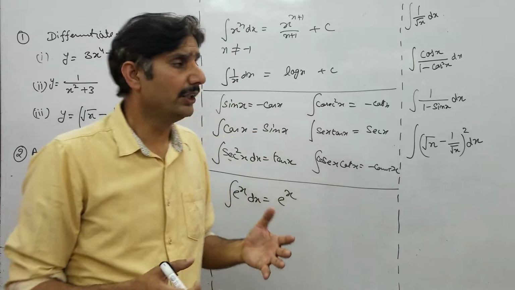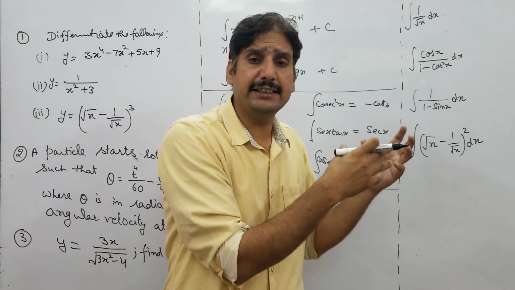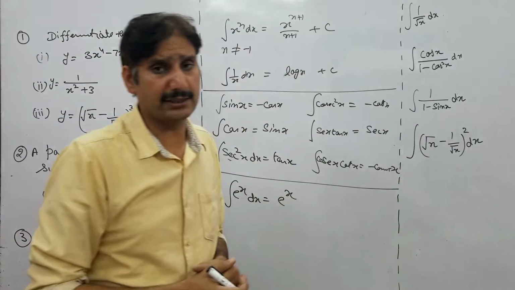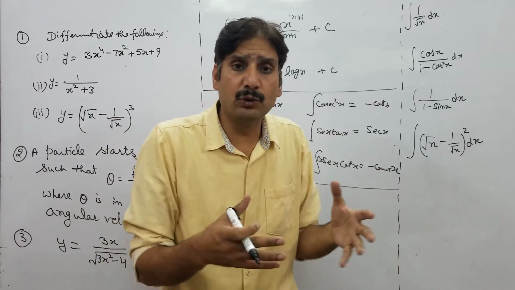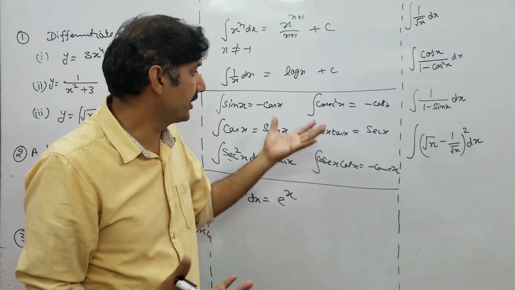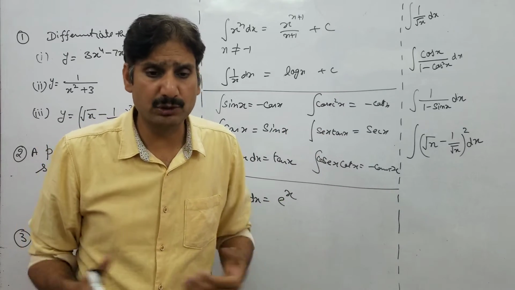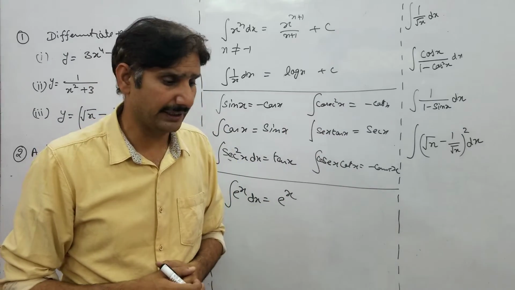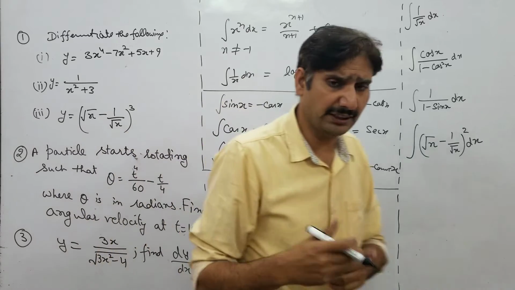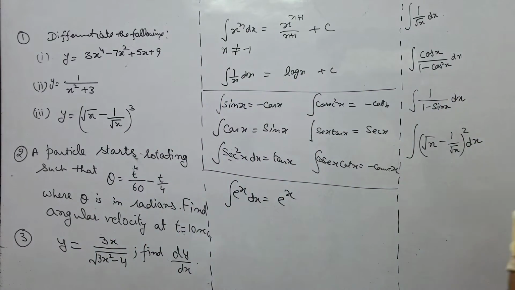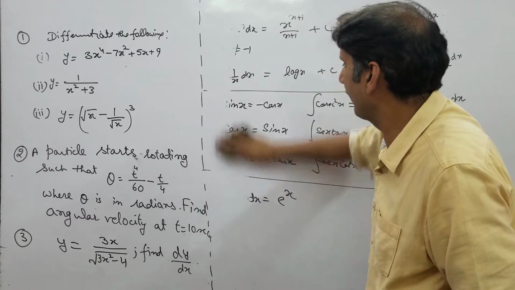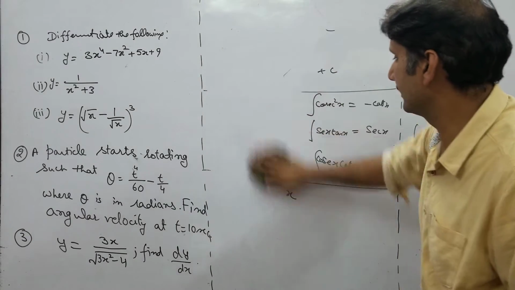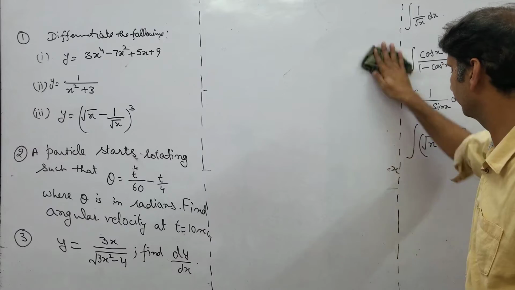So this is how you can change the appearance of these expressions to more familiar shapes, and once you change them to those familiar shapes, you would be able to integrate those functions. Now, let's see what are definite integrals. In definite integrals, 2 limits of integration would also be given to you.